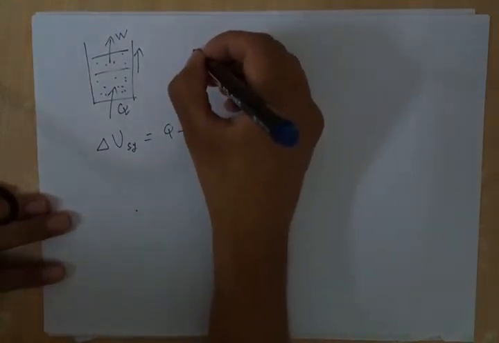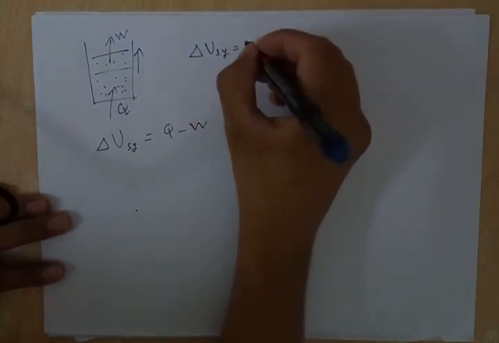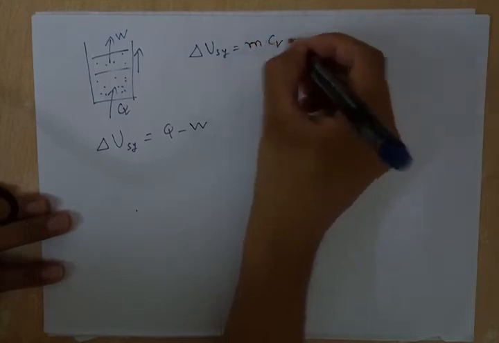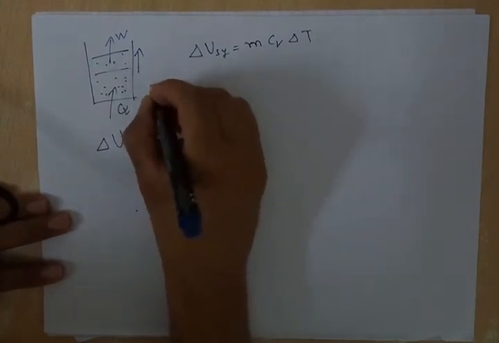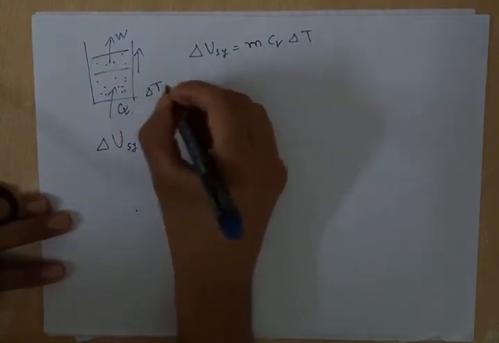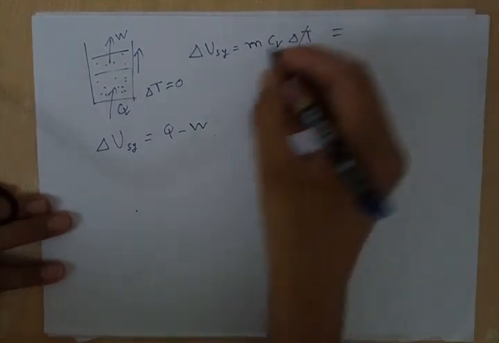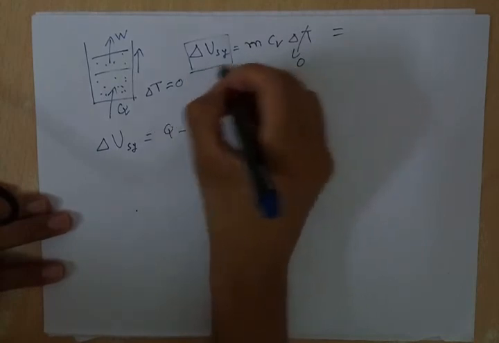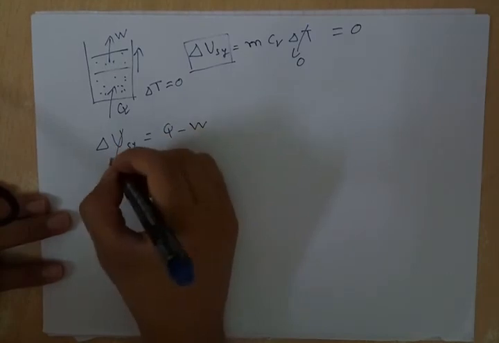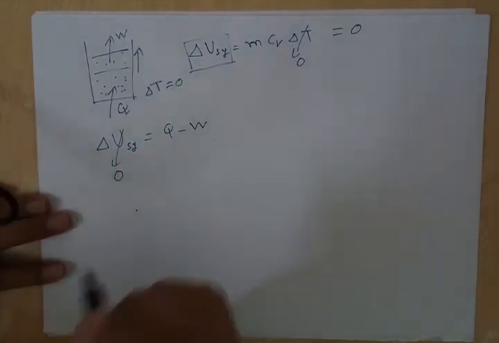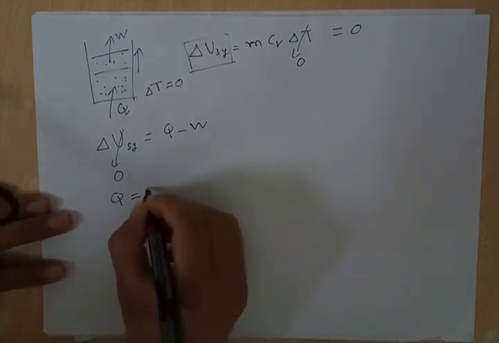Now for ideal gas, we can write delta U is equal to m Cv delta T. Now here temperature remains constant throughout the process. So delta T, change in temperature, is equal to 0. So this term will be 0. Hence internal energy of system doesn't change. Internal energy of system remains constant throughout the process. So Q is equal to W.